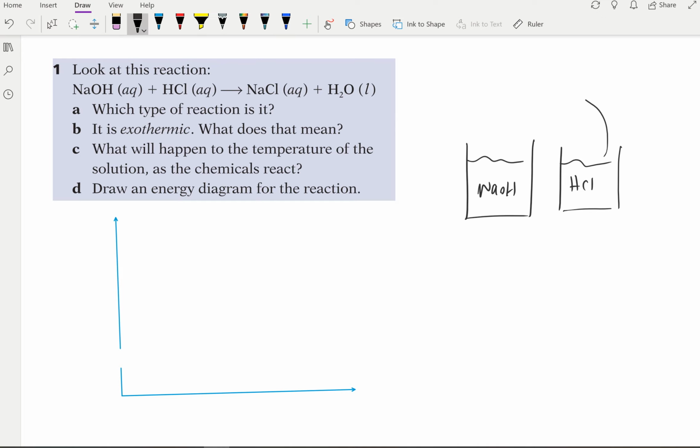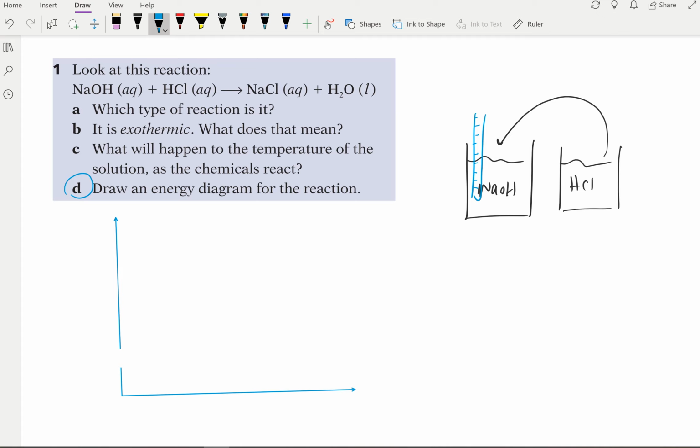And when we mix these two solutions, the reaction happens. If we have a thermometer inside this solution, we can see that the temperature increases because the reaction is exothermic and it releases the heat to the solution. We reach here, part D, draw an energy diagram for these reactions.